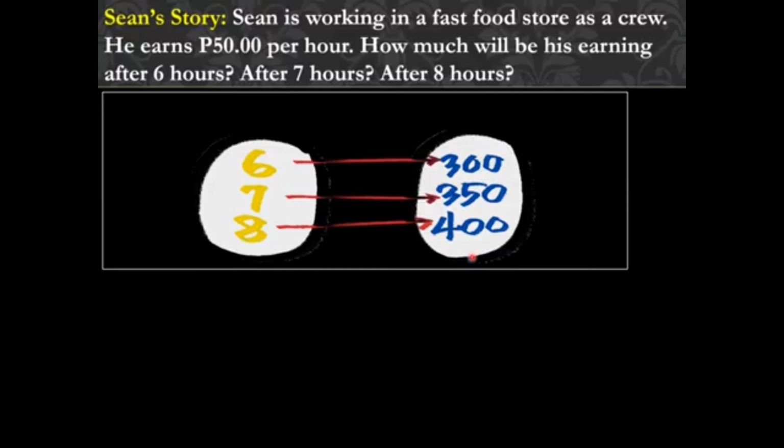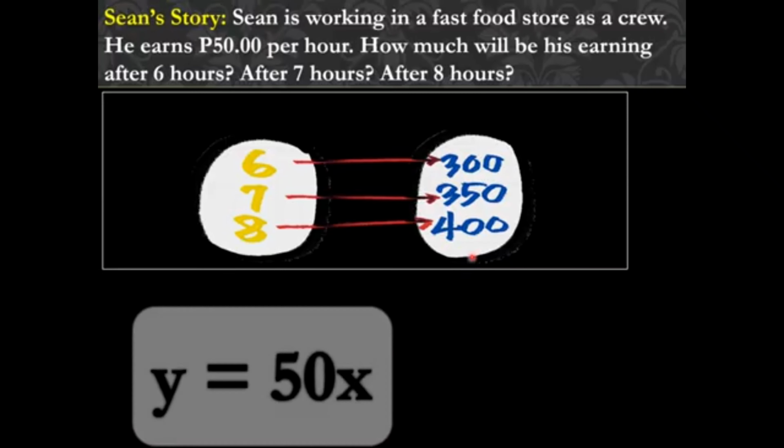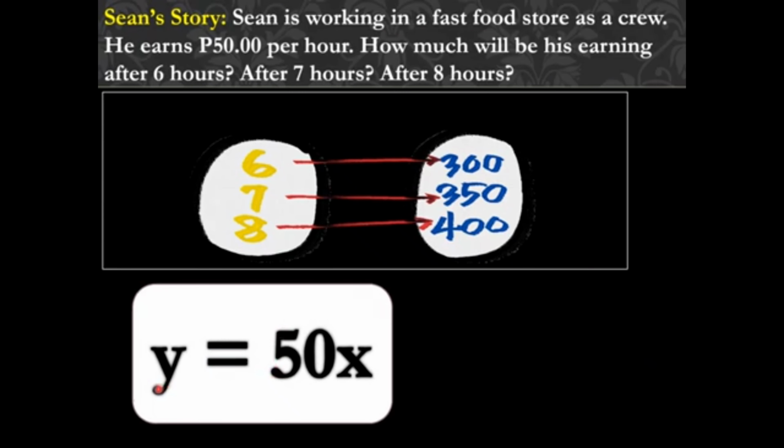Okay, so we can also represent the relation using an equation or rule. We have variable y, that stands for the amount of earning, and the variable x, that stands for the number of hours worked. Let's say Shan worked for 6 hours.